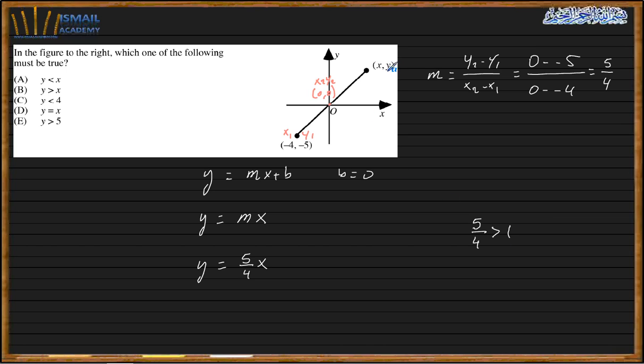My x and y are both in the first quadrant, which means both of them are positive. So if I multiply both sides by x, I will have 5 fourths x is greater than x, and we know that 5 fourths x is just y. So substitute y here. So y will be greater than x, and B is my choice.